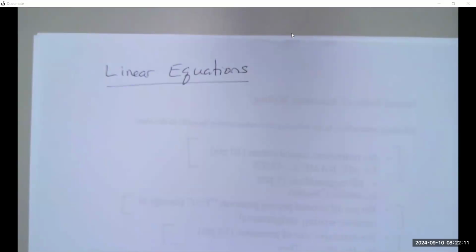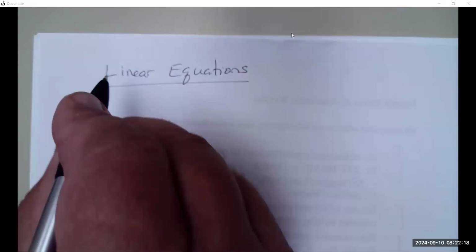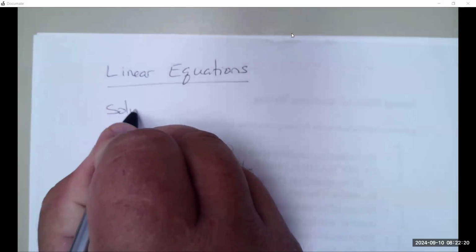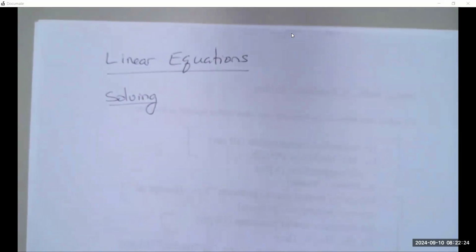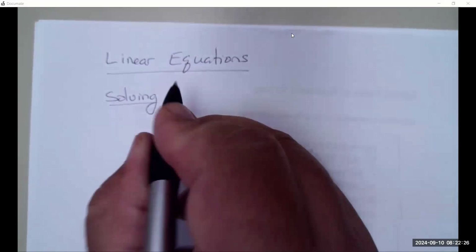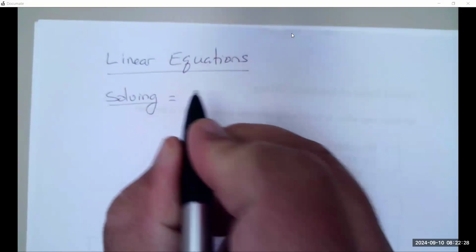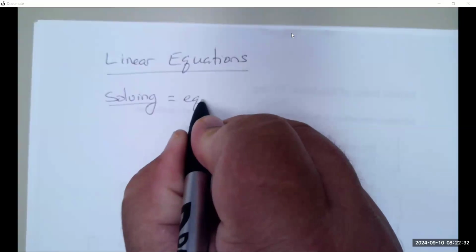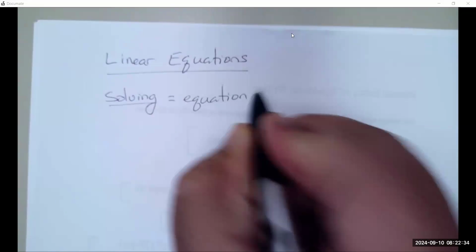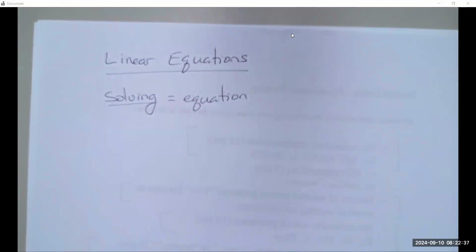We learned what they were and how to identify them from a bunch of equations. Now we're going to talk about solving linear equations. When you solve something, first off, it has to be an equation, which means what? It has to have an equal sign.